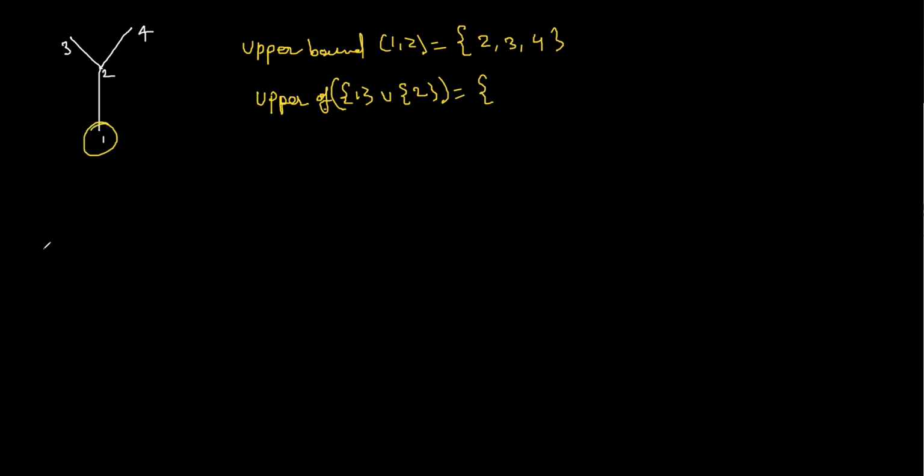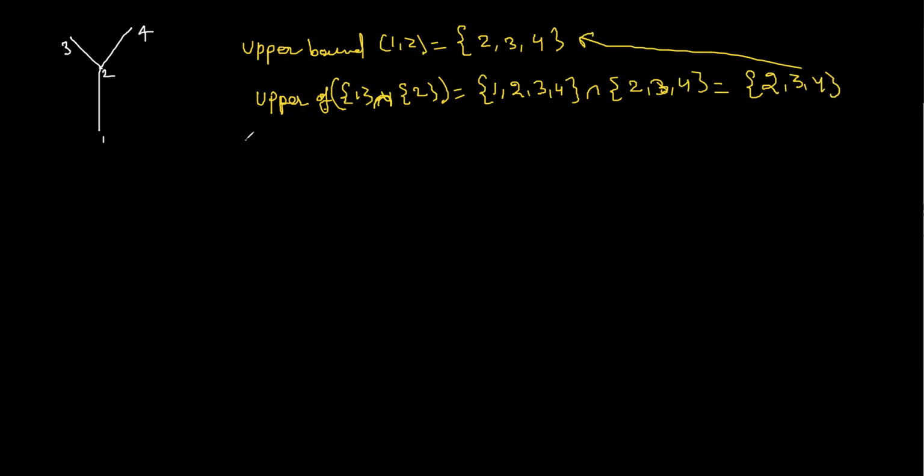Whatever element you are taking the upper bound of, you can take that element also. So the upper bound of 1 is 1, 2, 3, 4, right? Not union, this is intersection. And the upper bound of 2 is 2, 3, 4. So what are the common elements? Understood?